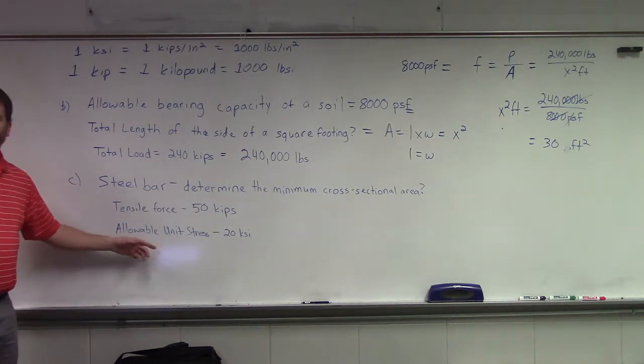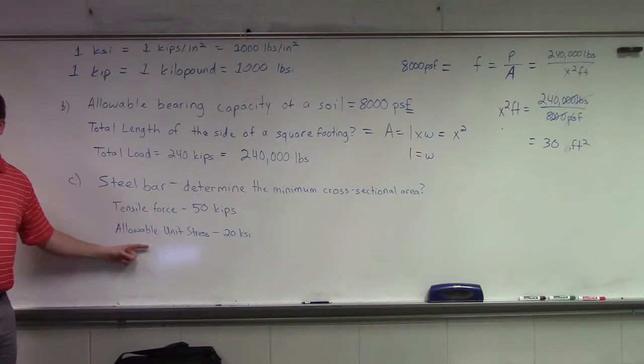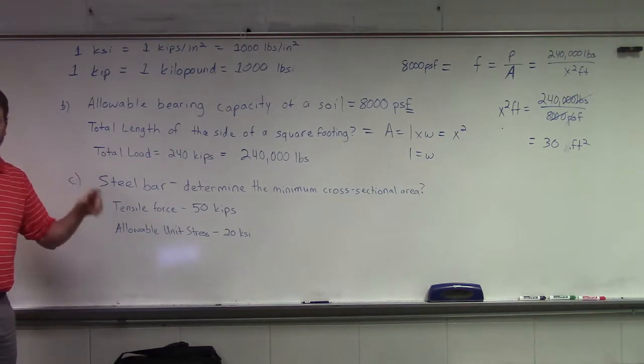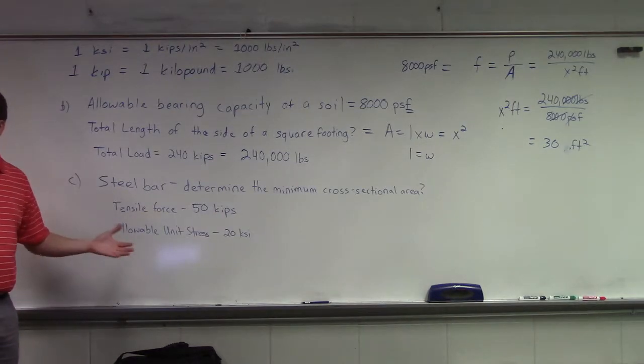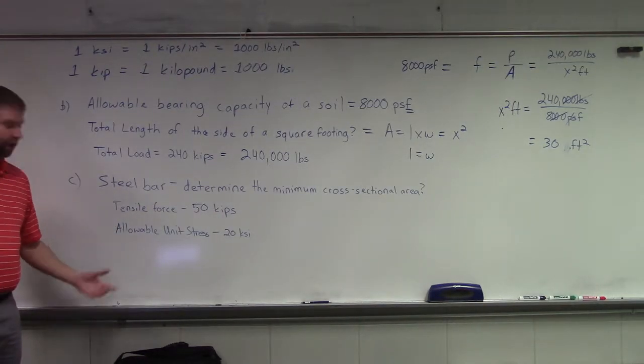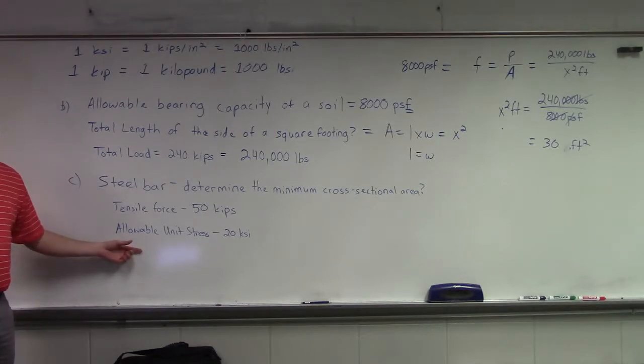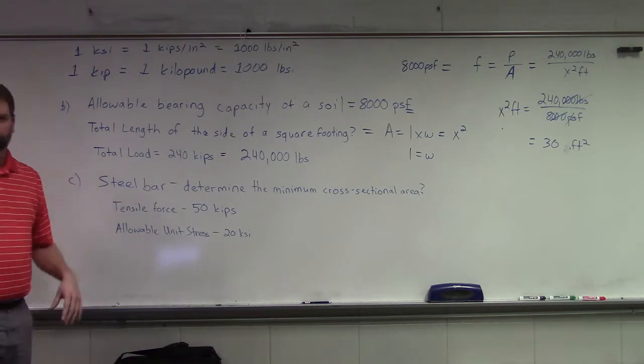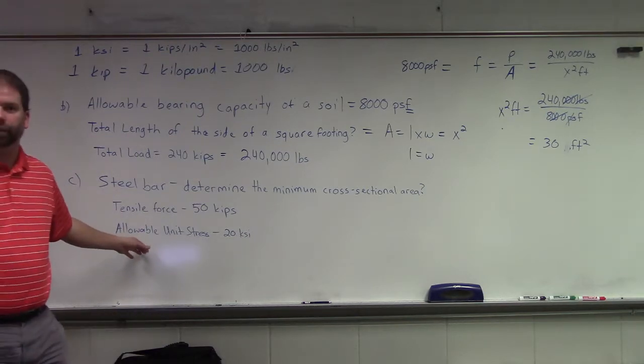Here we're dealing with grade 40 steel, and we're giving ourselves an allowable unit stress of 20 KSI, so we have a factor of safety of 2, half of that value, keeping us in the elastic range. If we were dealing with grade 75, that would allow us to bump up to 37.5 for our allowable stress. I know that's a bit of a sidebar, but that's where these numbers are coming from.